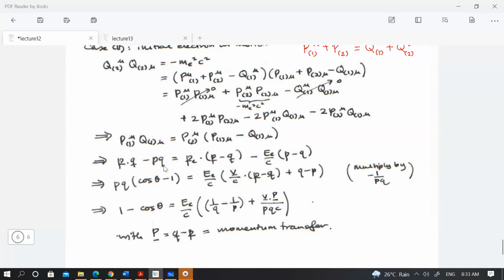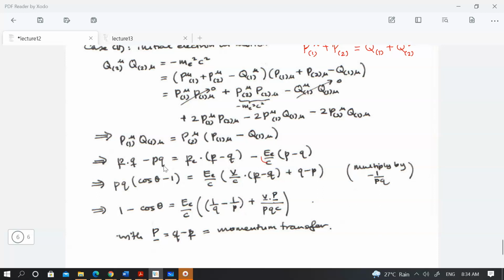And then we have this, which in this case is your four-momentum of the electron before the collision. The first three components are given by PE, and the fourth component is given by the relativistic energy.